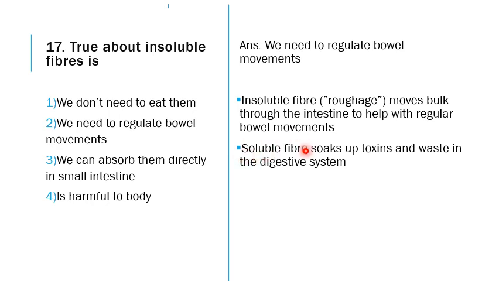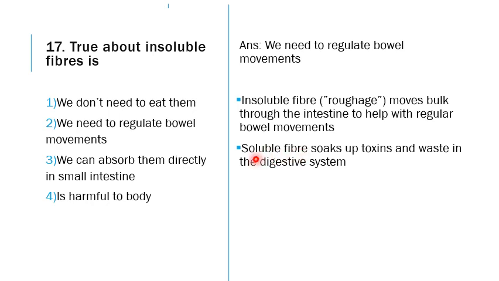And then soluble fibers are also there. The soluble fibers usually swell and soak up the toxins present in the food, and also the waste in the digestive system. They will retain everything inside the lumen, so the movement of the food along the digestive tract will be slow, so that more time is there for the digestive enzymes to act.